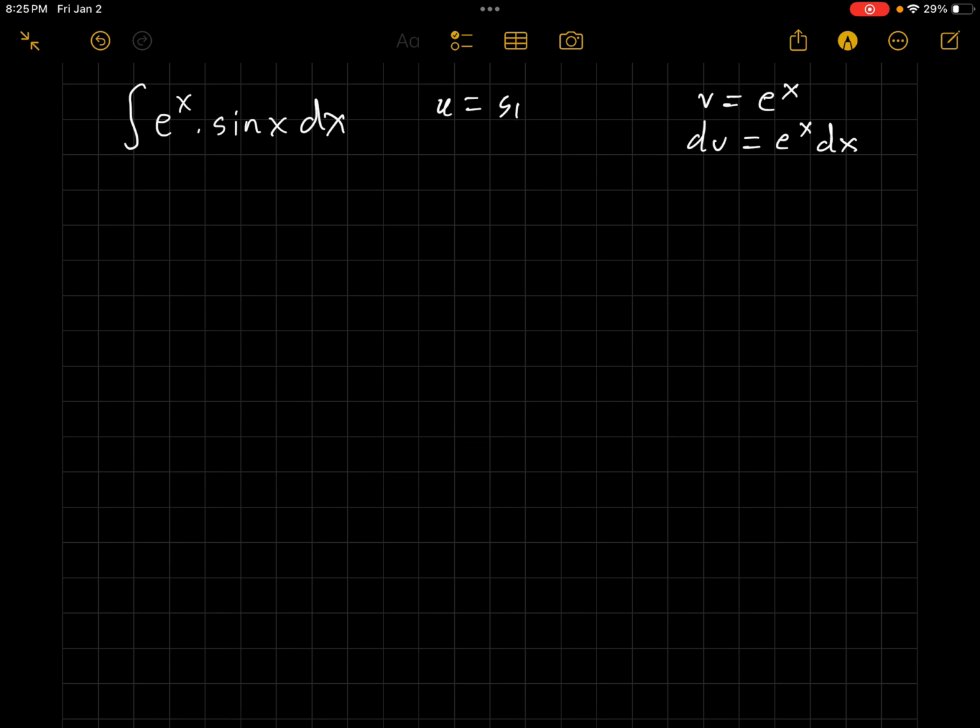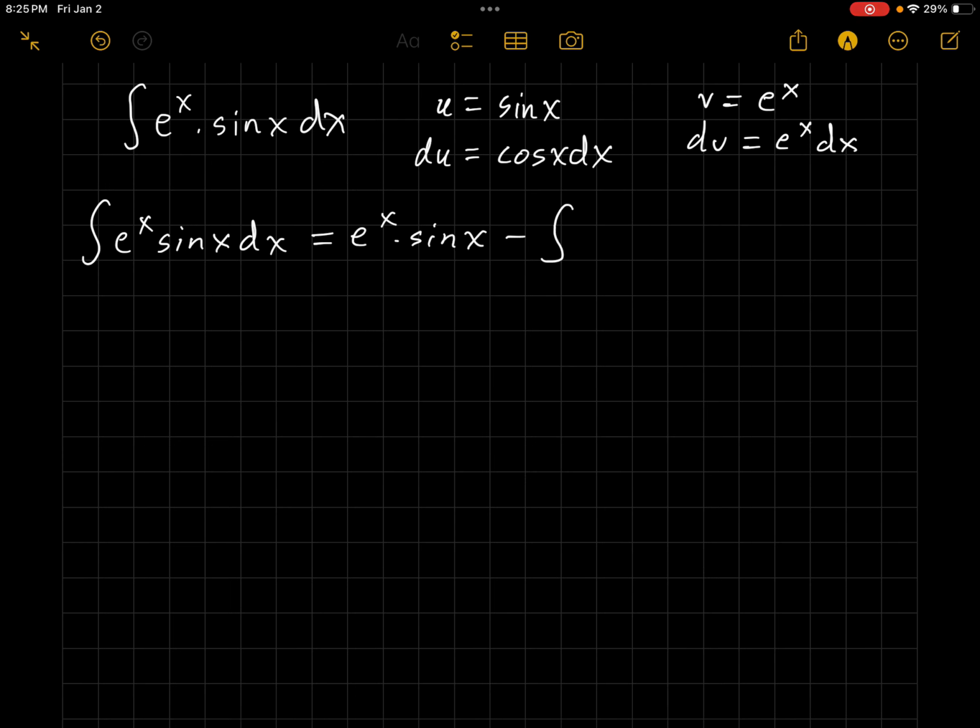And then u has to be sine of x, which means du is cosine of x dx. So the integral of e to the x times sine of x is uv, I'll write as vu, minus the integral of v du.